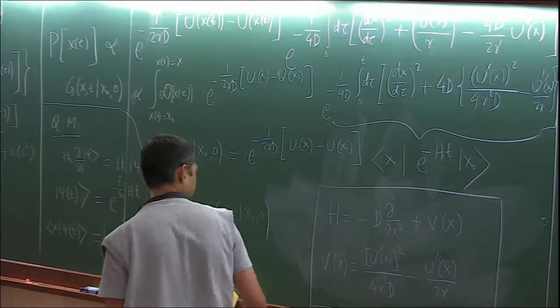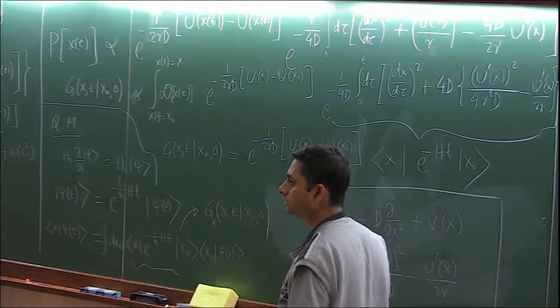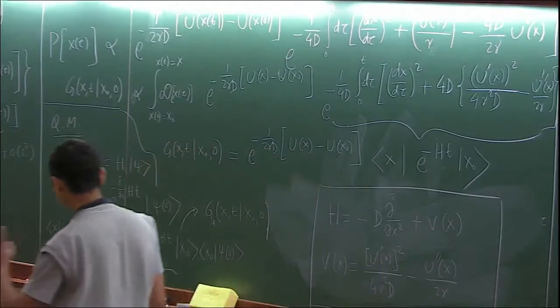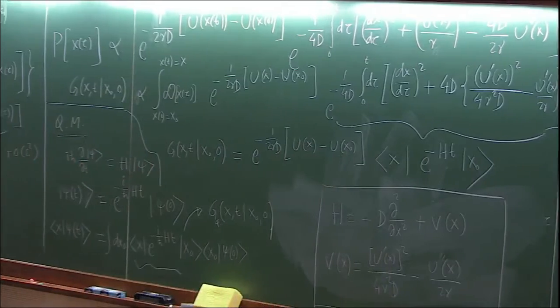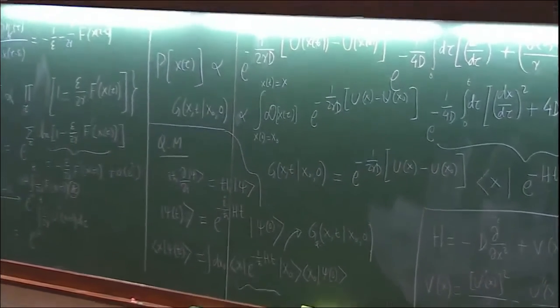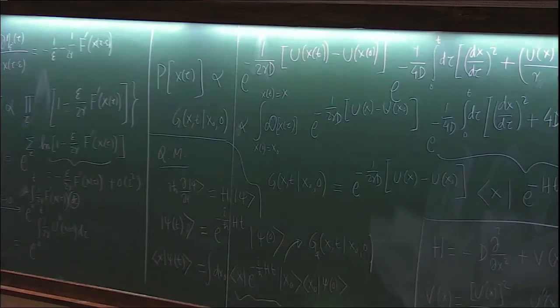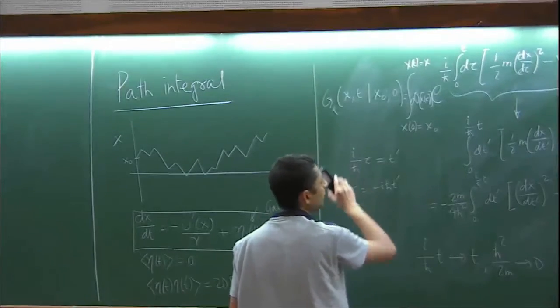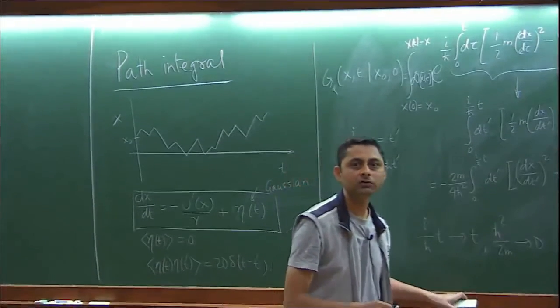So let's consider an example, which is the particle without any potential. We already know the answer, so let's see if we can find it from here. Let's consider the case where there is no force, no potential, a free particle. So what do we have? Is this clear, or do you have any questions so far?